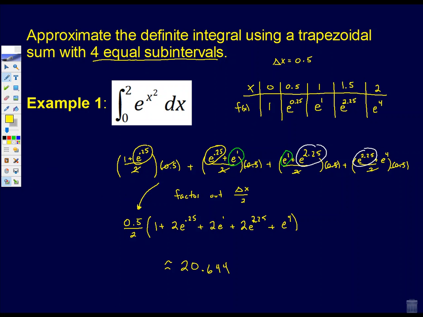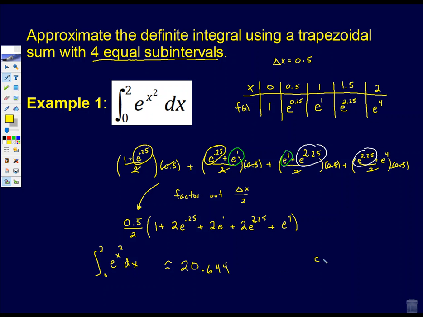I just entered this into my calculator. It gave me the value 20.644. And so that is the approximate value of this definite integral. Now, just for fun, I also entered this integral into my graphing calculator to see what it would give me.